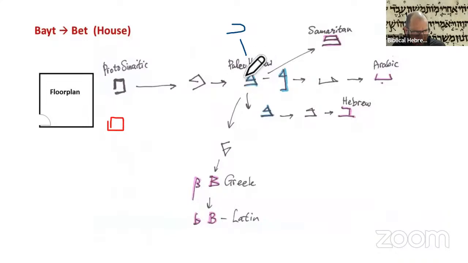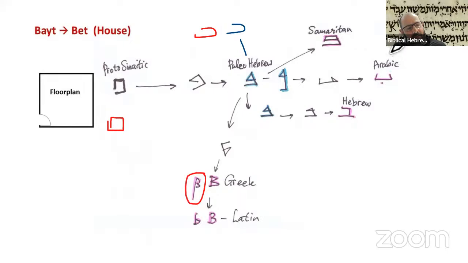And then it developed to Phoenician and then Aramaic. In Aramaic, this is how we write it, which is called Beth in Aramaic. Beth in Aramaic, Phoenician, and then Hebrew, Paleo-Hebrew, or ancient Canaanite, all right? And then the Greek, Beta, here is how we write it, and then the Latin, and then the Arabic, Ba.